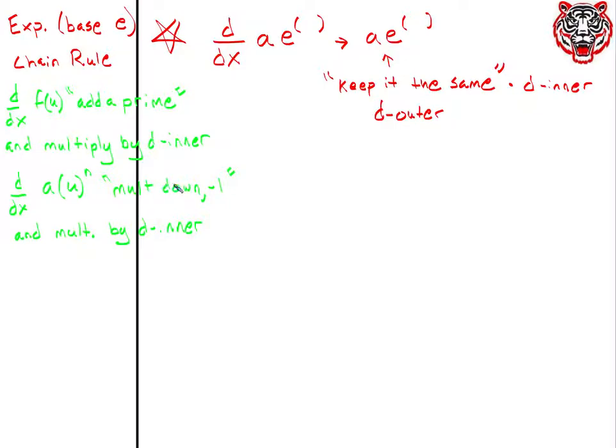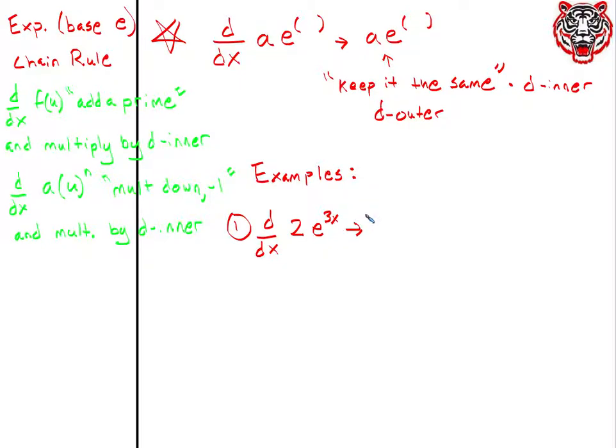All right, so I want to go over some examples. Let's just do 2. So here's the first one. Take the derivative of this function, 2e to the power of 3x. Okay, what does that turn into? Well, what's the outer function?